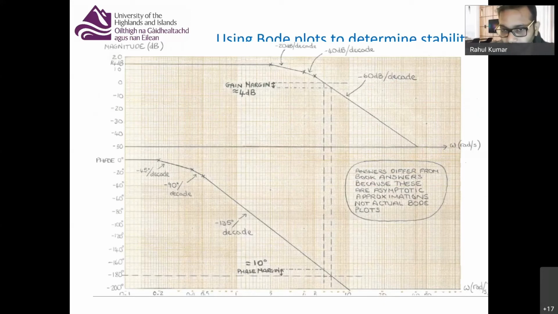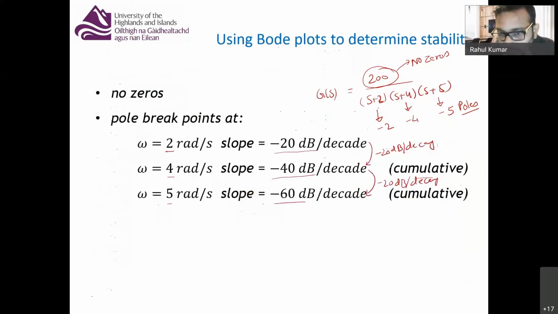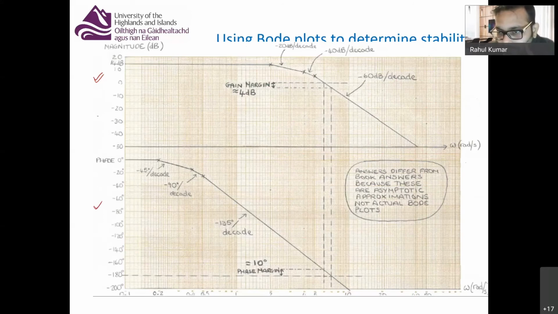Now, this is the entire Bode plot. You have the magnitude plot and you have the phase plot here. Your poles were at 2, 4 and 5, right? No zeros, only poles at 2, 4 and 5. The starting point was 13.98, we start from approximately 14 dB, it is okay, right?